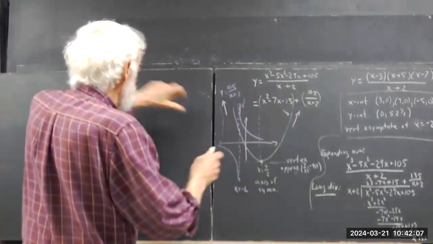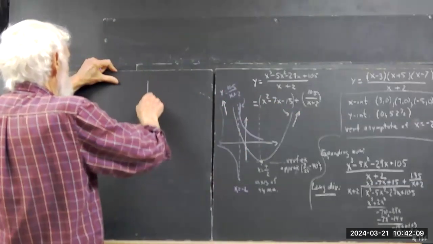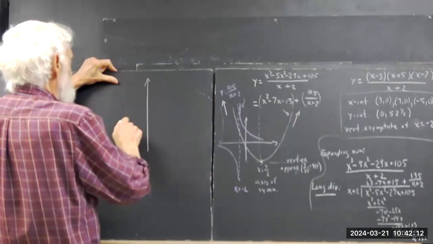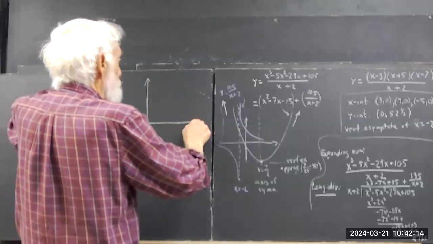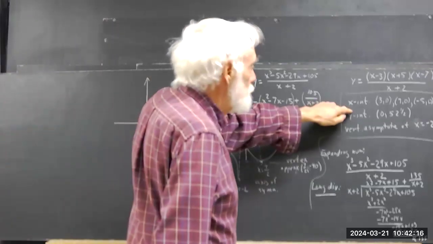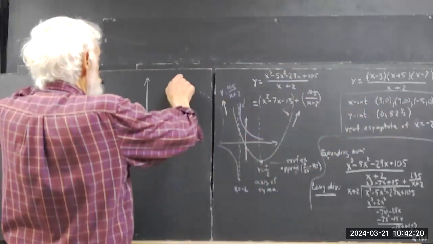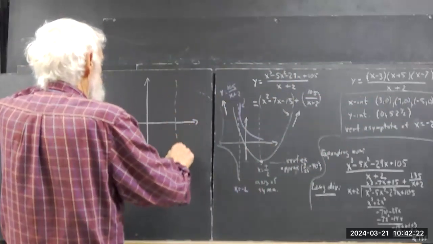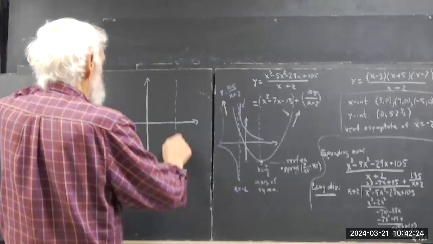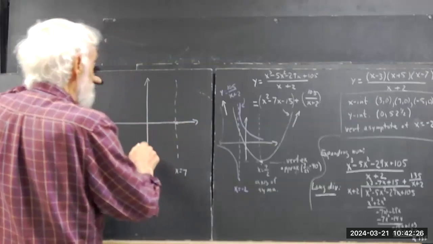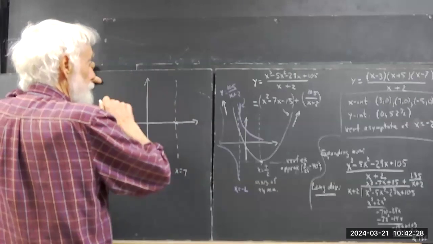Come back to what we've got here. Our x-intercepts are 3, 0, 7, 0, and -5, 0. Here.